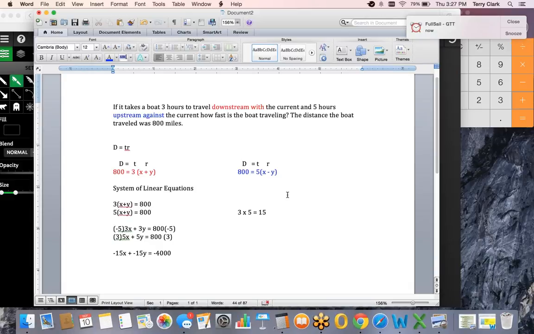You'll see another problem in ALEKS about a plane going with the wind and a plane going against the wind. When it's going with the wind, it's going to be X plus Y. When it's going against the wind, it's going to be X minus Y. So with the wind equals X plus Y.